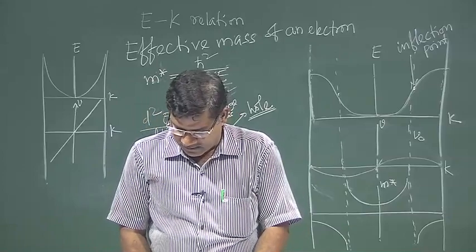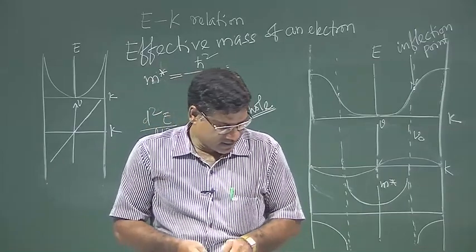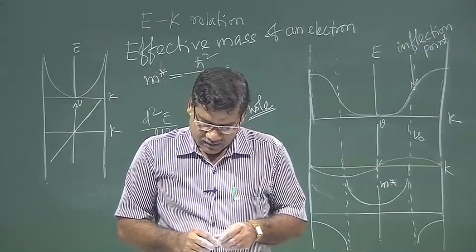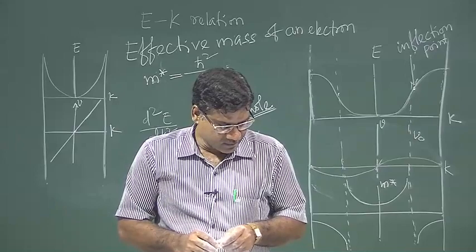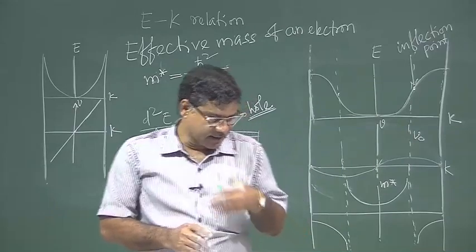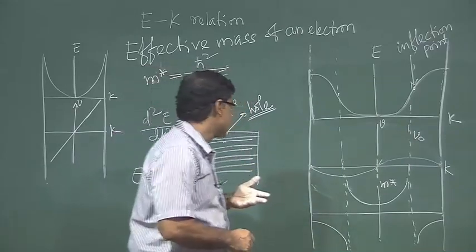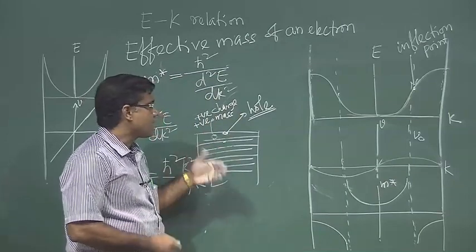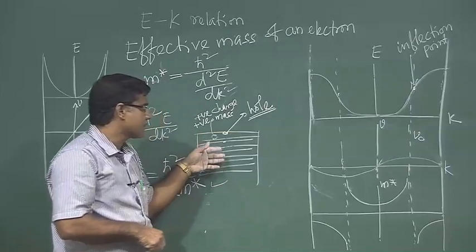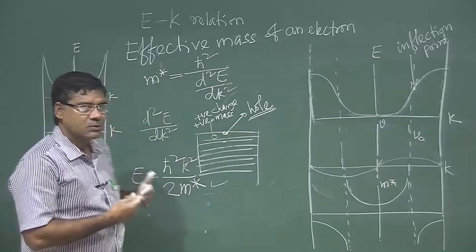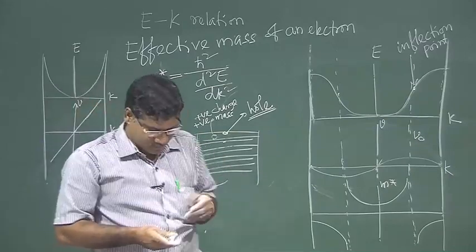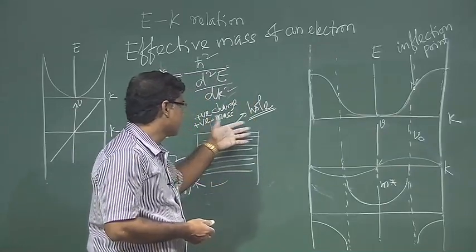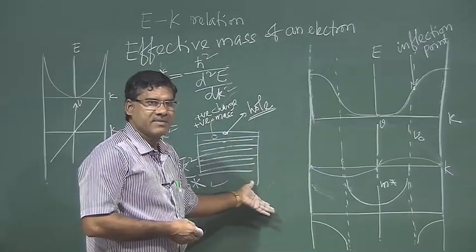I think there are many things we discussed about the energy and the band, how many orbitals this band contains, how electrons are distributed among them, and when it will show metal behavior, semiconducting behavior, or insulating behavior.